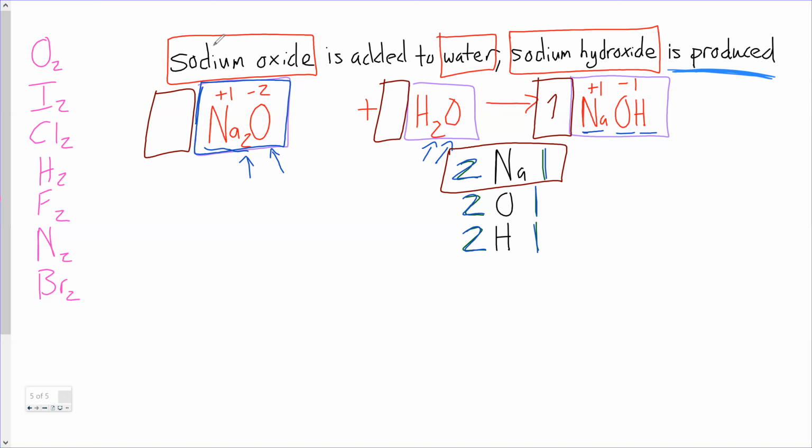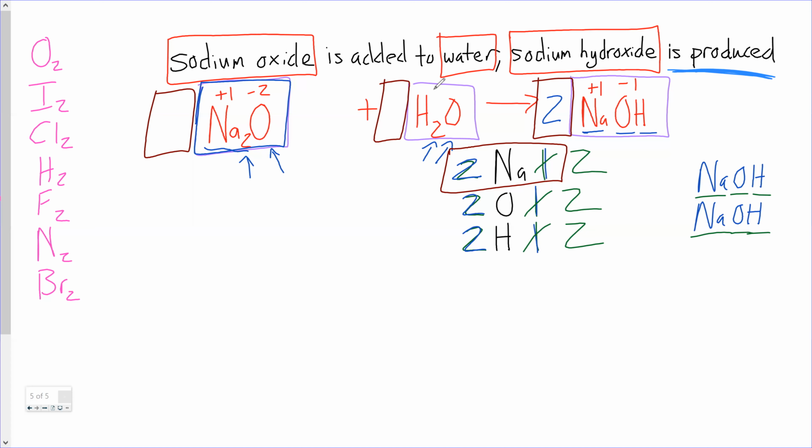If I put a 1 there, it's still just 1 sodium, 1 oxygen, and 1 hydrogen. So Cam said, let's try putting a 2 in the box. If I put a 2 here, 2 NaOHs, that means I have an NaOH and another NaOH because you told me I have 2 of them. Now I have 2 Nas, 2 O's, and 2 H's. So this is now balanced.